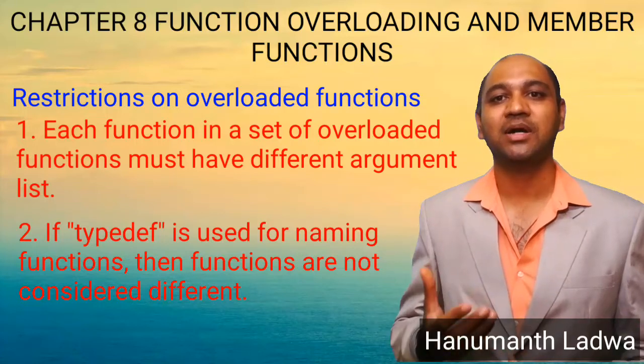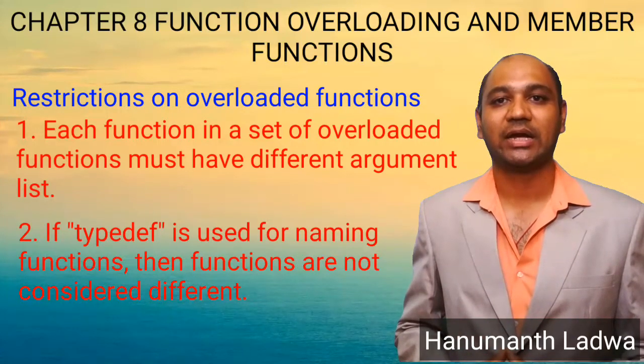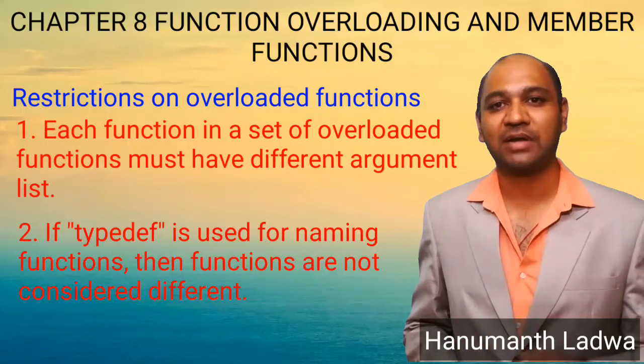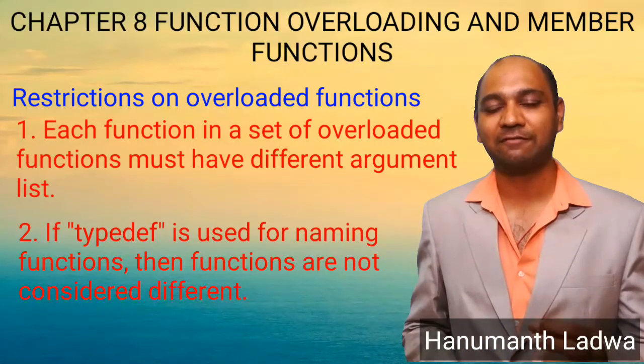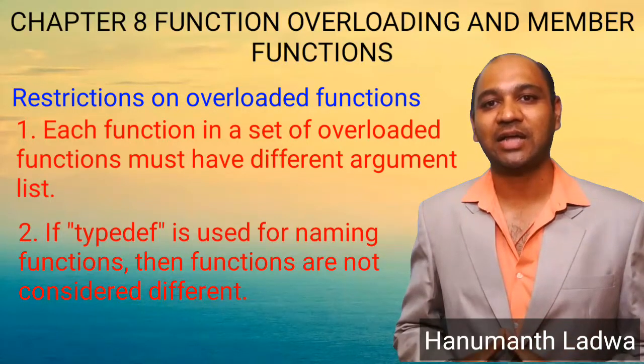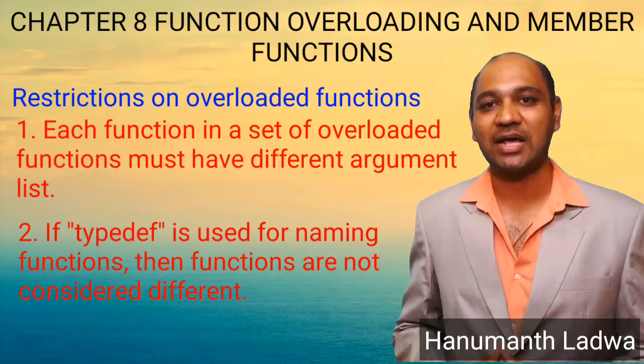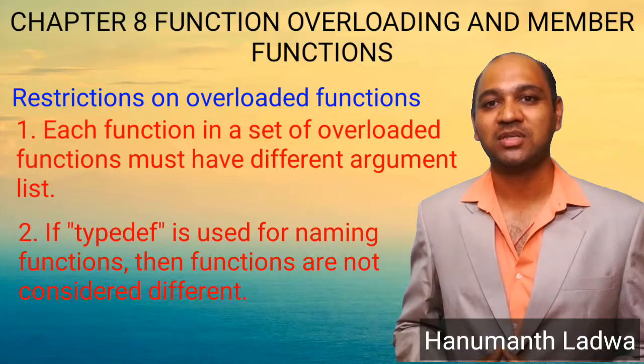Aliasing a data type is nothing but giving one more name to the data type. In the second restriction, if the data type is typedef'd or aliased, then it is not considered a different type because it is the same.